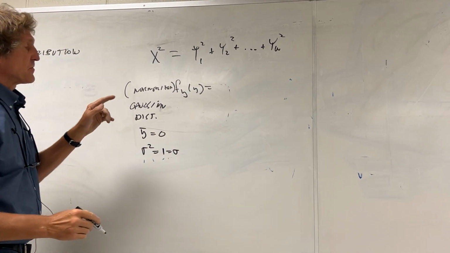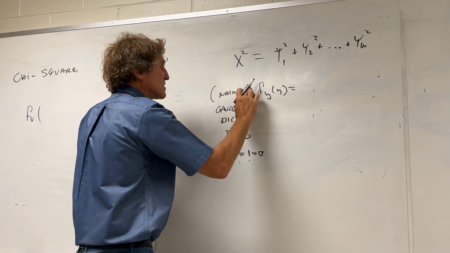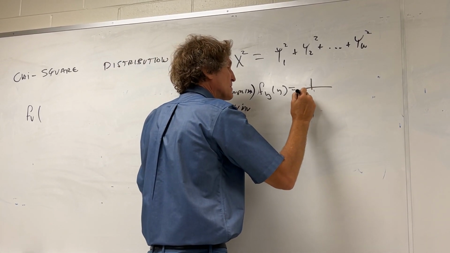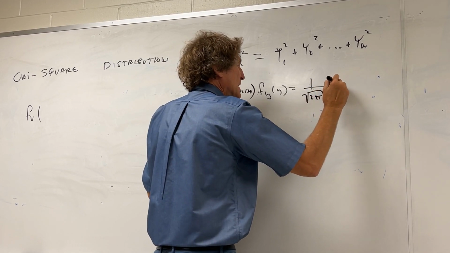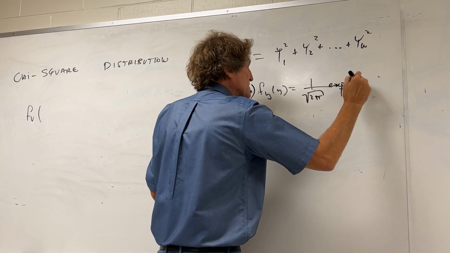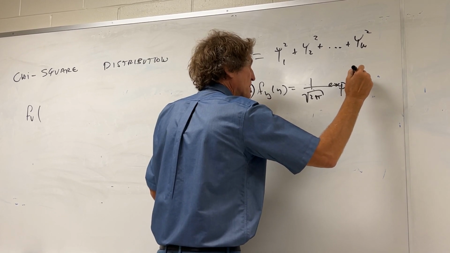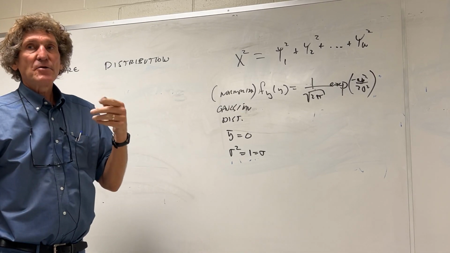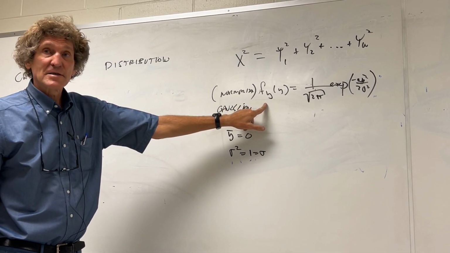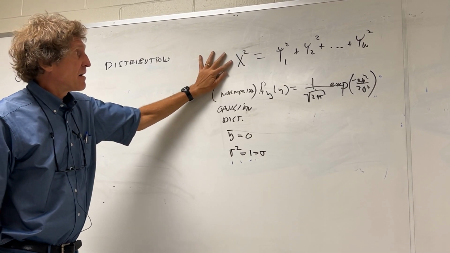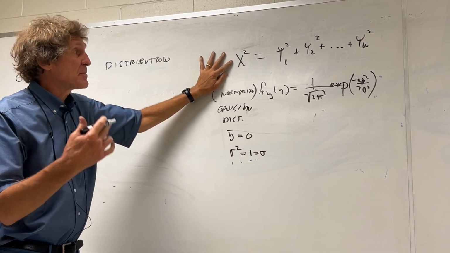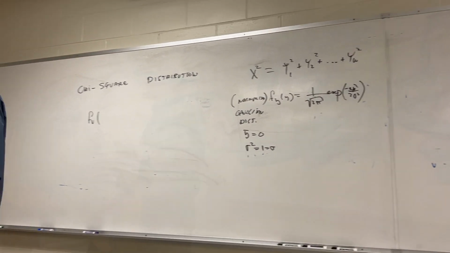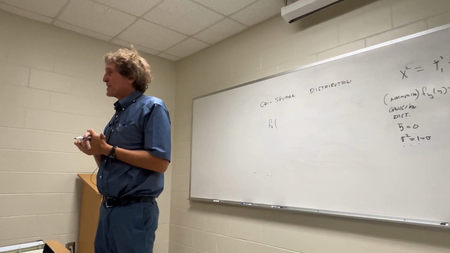So he's assuming that these f of y's are 1 over square root of 2 pi times exp of minus y squared over 2 sigma squared. And he's saying that what I'm going to do is create a new variable. Remember, this is f of y, not f of y squared. That is just going to be the sum of the squares of all these normalized Gaussian random variables. Try to just hear me before you think too deeply about this.